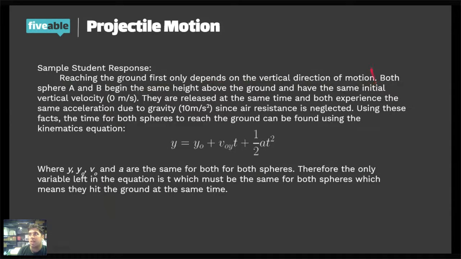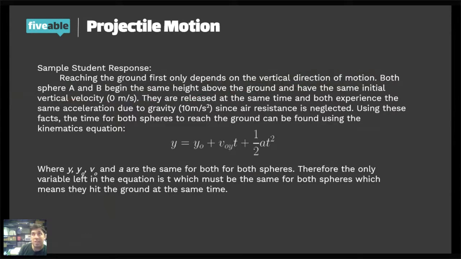We saw in that video clip that there is no effect of moving sideways on the time it takes to hit the ground. The x direction motion has no impact whatsoever.